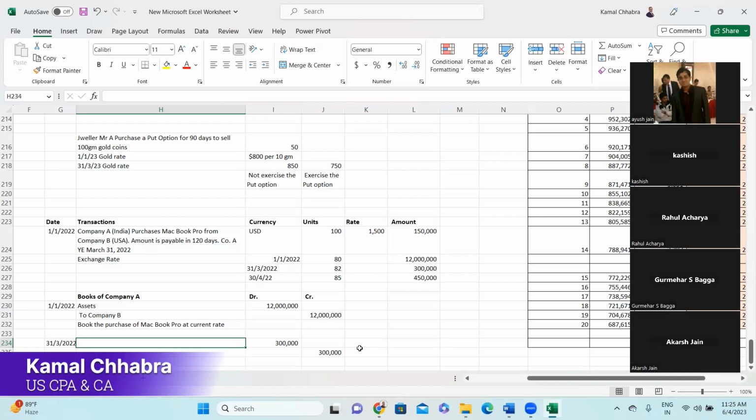So basically foreign exchange adjustment to company B with the 3 lakh amount. Forex loss to company B. Correct. Is it right? Yes, sir.